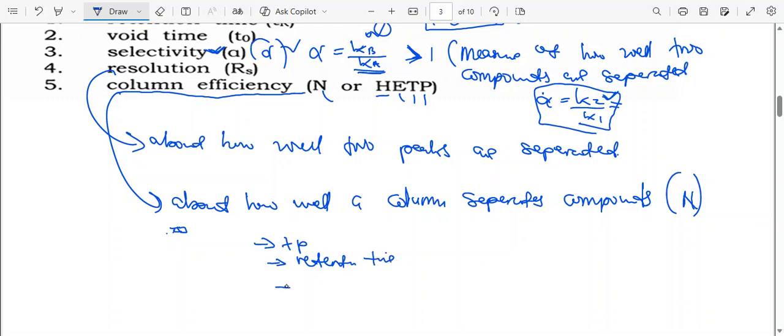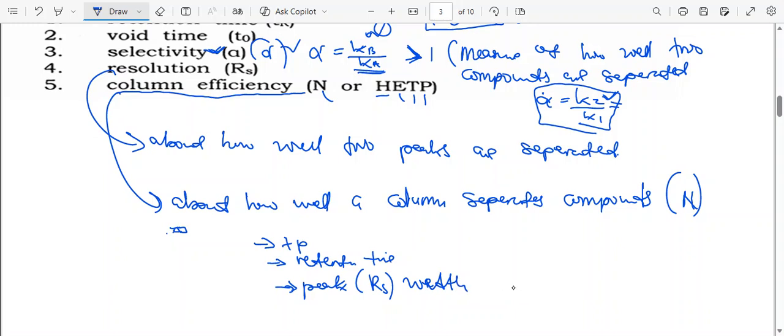Retention time is very important, because that's the time taken for us to see the peaks on the chromatogram or the data displayed on the detector. The other thing we need is the width of the peaks, in association with the resolution.